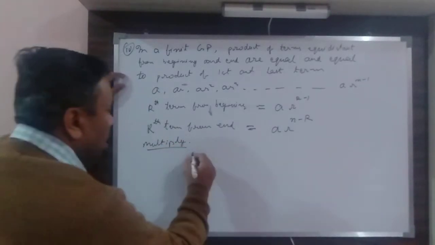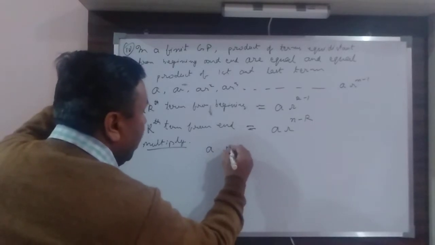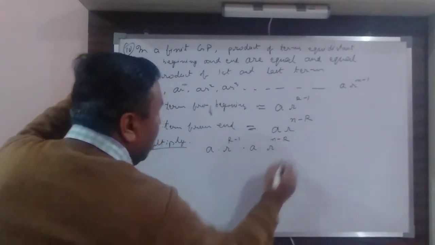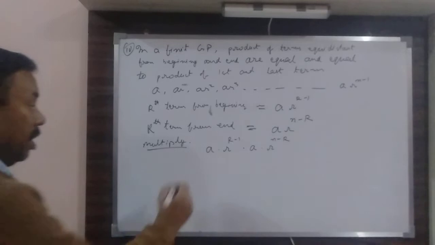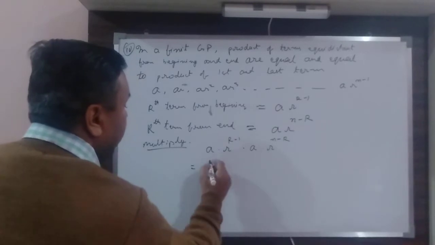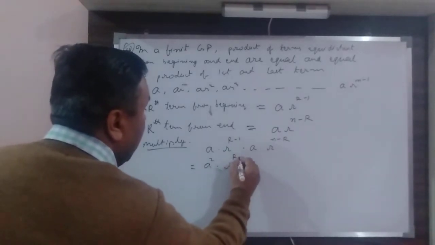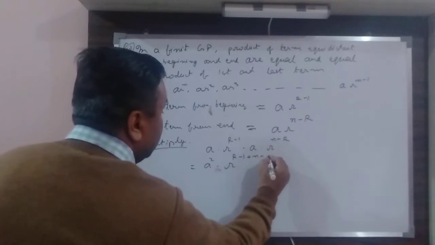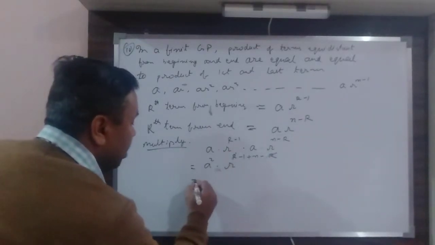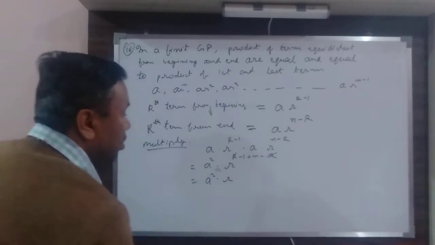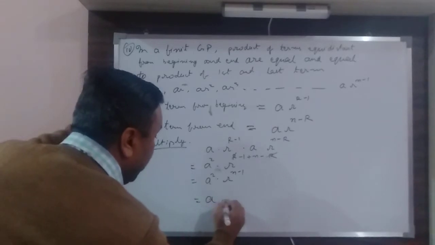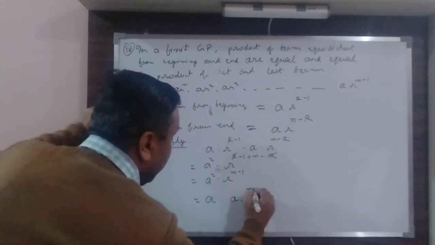What I get is a into r raised to the power R minus 1 multiplied by a into r raised to the power n minus R. So this is equal to a square multiplied by r raised to the power R minus 1 plus n minus R. So the R gets cancelled, and this is equal to a square into r raised to the power n minus 1, or I can say it as a multiplied by a into r raised to the power n minus 1.